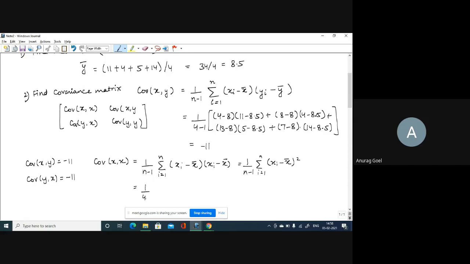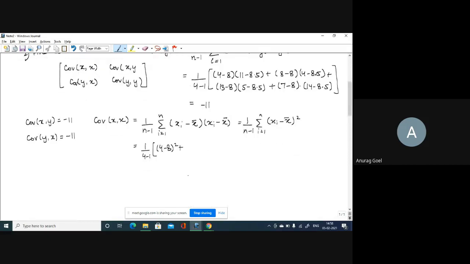So 1 by 4 minus 1 into 4 minus 8 square plus 8 minus 8 square plus 13 minus 8 square plus 7 minus 8 square. If you solve this, you will get 14. So covariance of x comma x is 14.